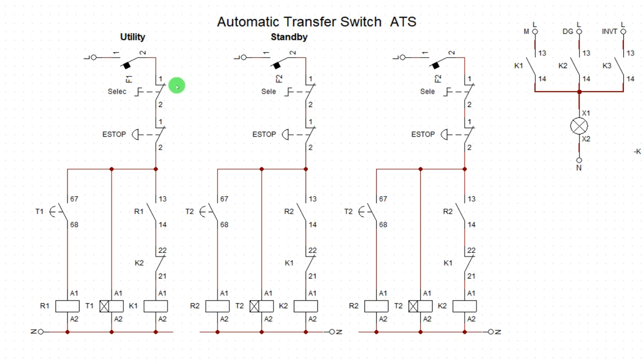Or when your utility is extremely low and does not carry your load, because where you are staying your transformer is very bad, so the voltage is very low. It doesn't carry anything apart from the lighting system. It doesn't carry any of your appliances. So because of that, you make your genset a prime source, or you make your inverter a prime source.